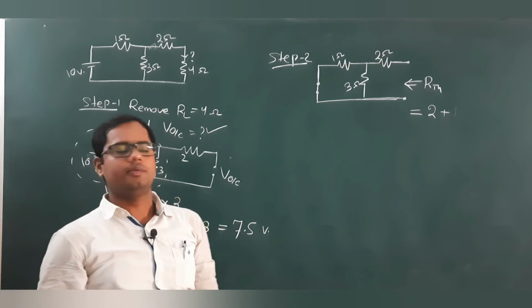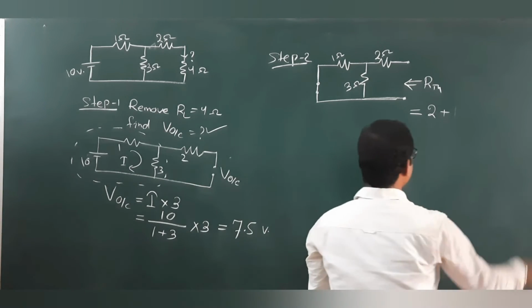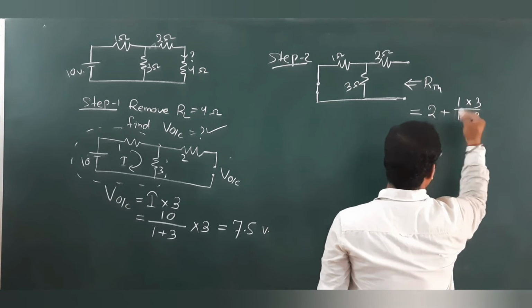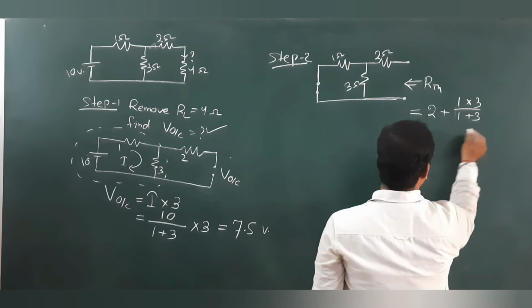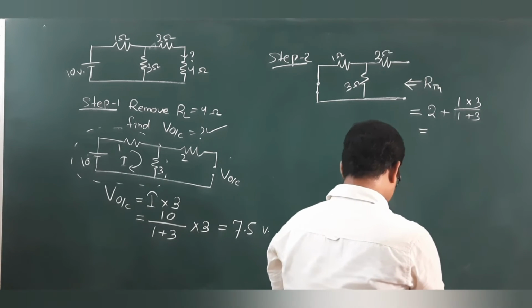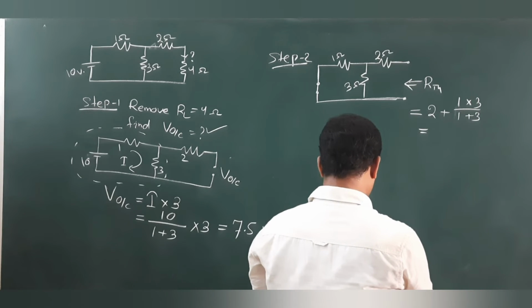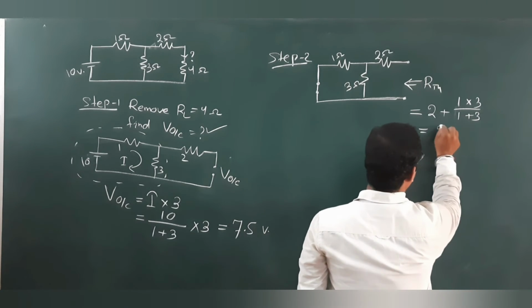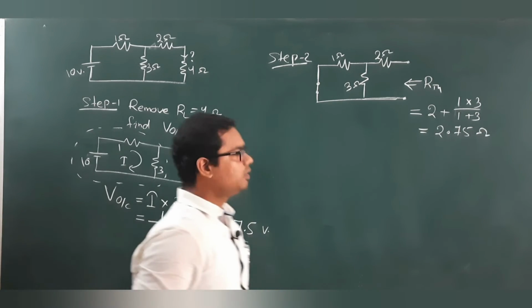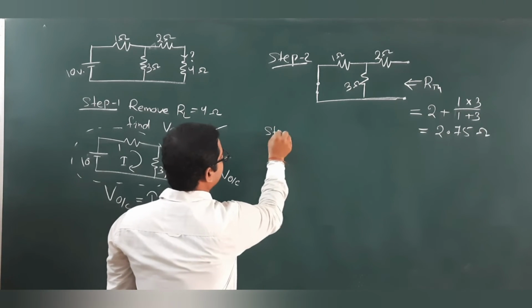So 1 parallel 3 will be 1 into 3 upon 1 plus 3. If you solve this, the value, which I found previously, is 2.75 ohm.